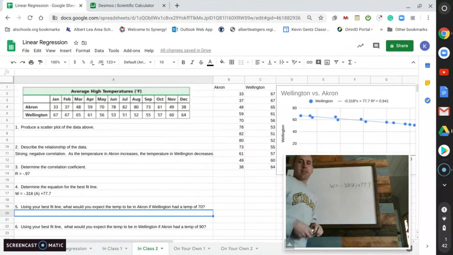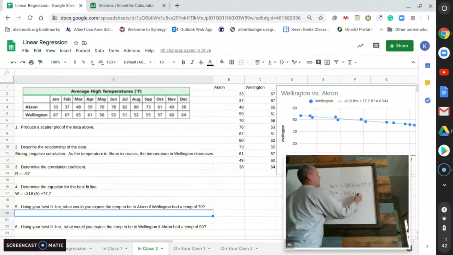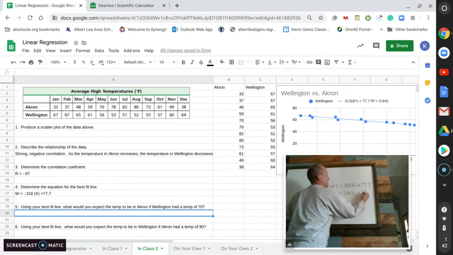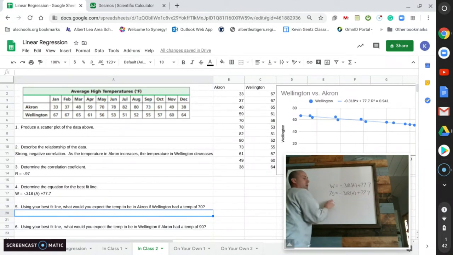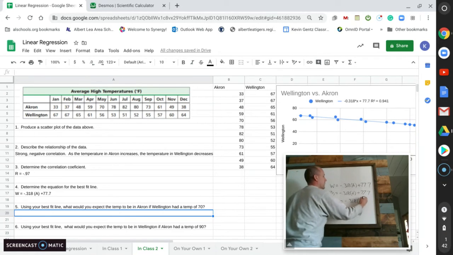This is my best fit line, so I type in 70 equals negative 0.318 times A plus 77.7. I subtract the 77.7 over, I get negative 7.77 is equal to negative 0.318 times Akron.